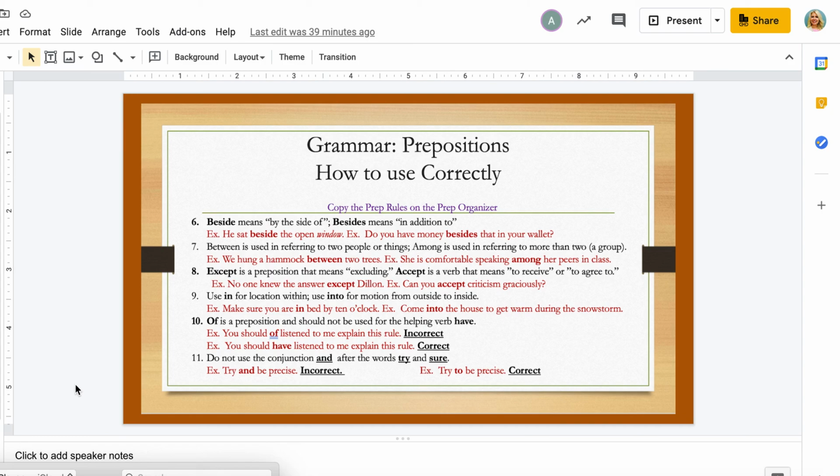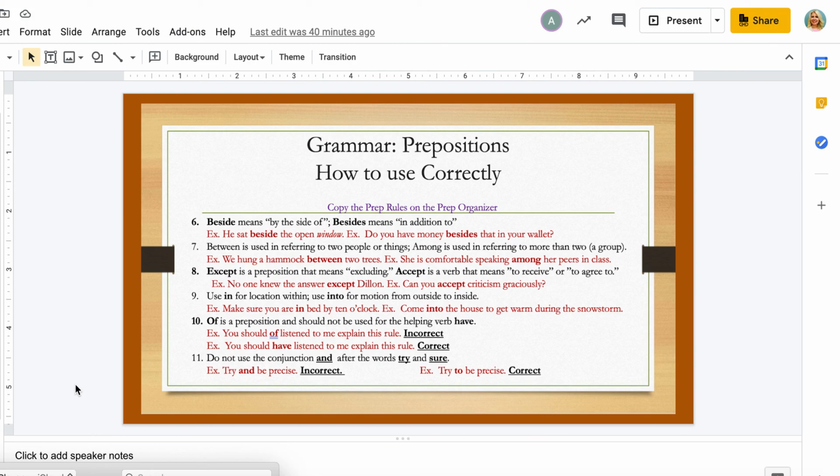Okay, the word accept means it's a verb. It is not a preposition. It should never, ever be used in the place of a preposition. Accept is a verb, and it means to receive something or to agree to something. I accept this gift you're giving me.